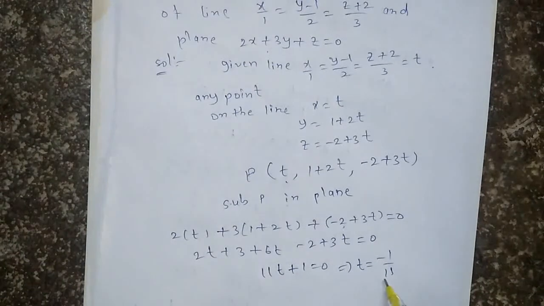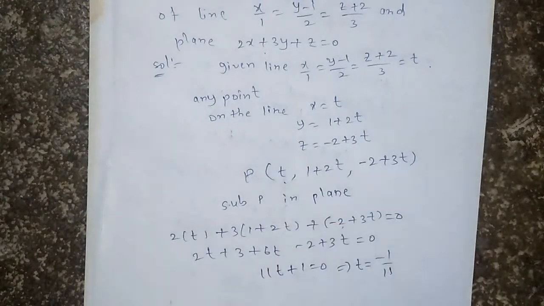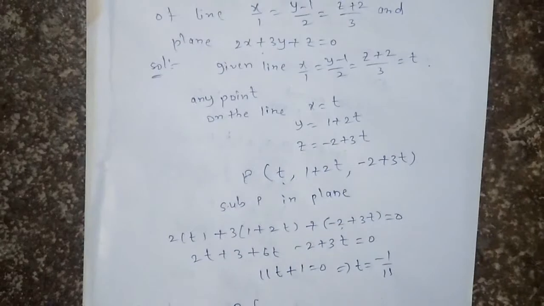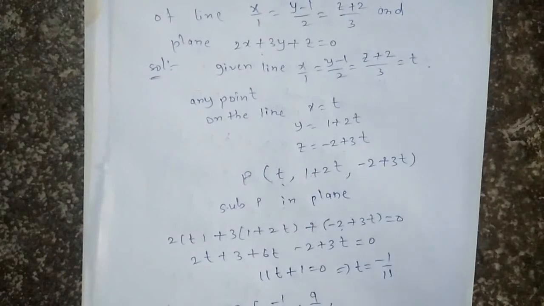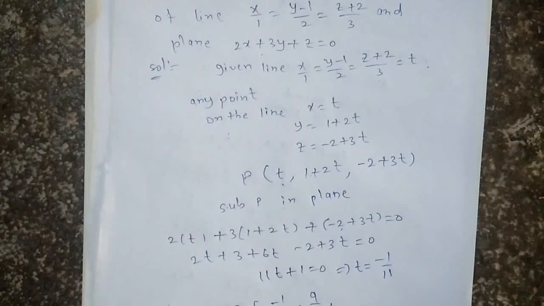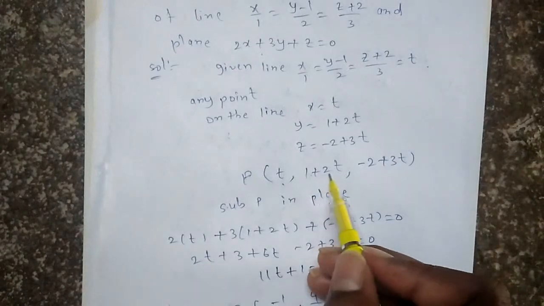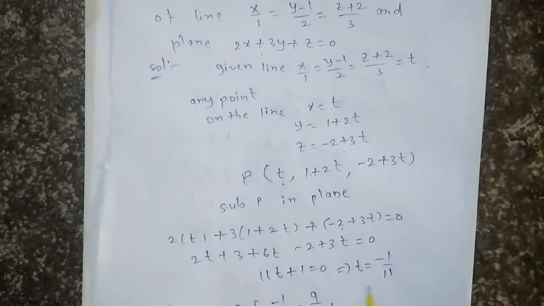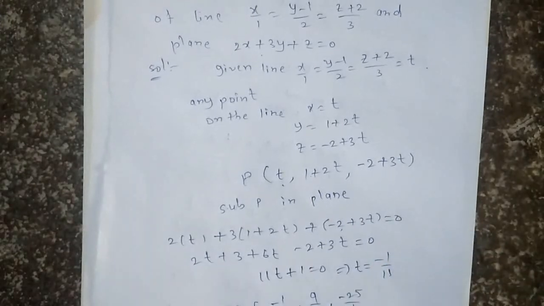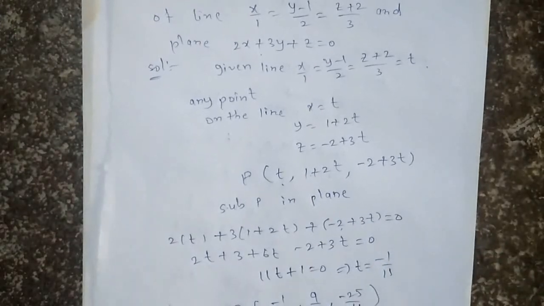Now substitute this t in the point P, so you will get the point of intersection, that is minus 1 by 11. This is 1 minus 2 by 11, that is 9 by 11, 11 minus 2 is 9 by 11, right? Minus 2 minus 3 by 11, that is minus 25 by 11.